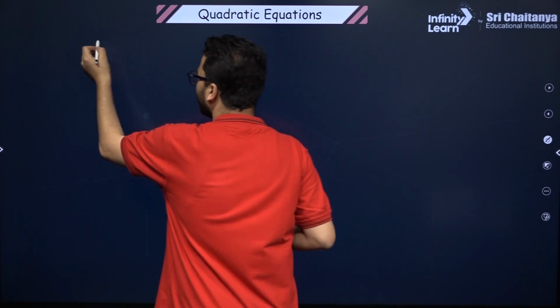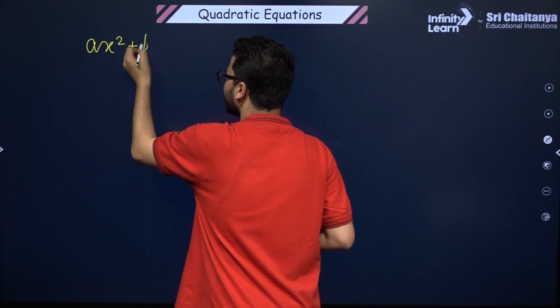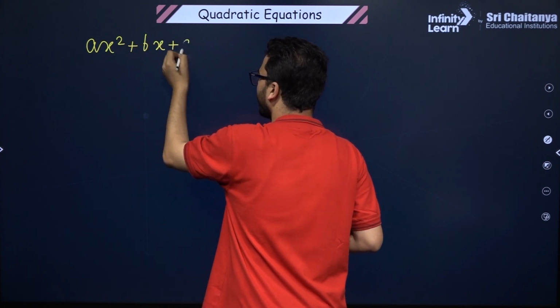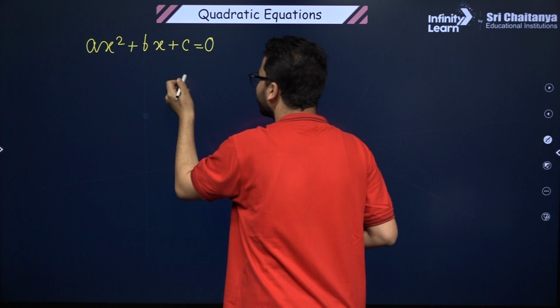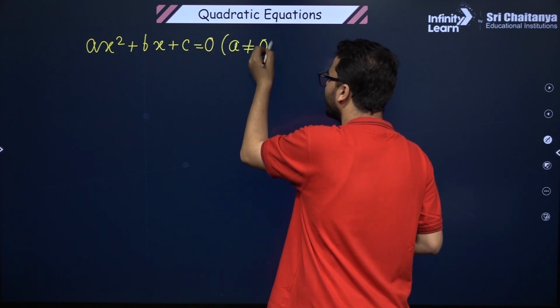So the standard form of a quadratic equation is this, guys: ax square plus bx plus c is equal to 0, where obviously the coefficient of x square can never be equal to 0.